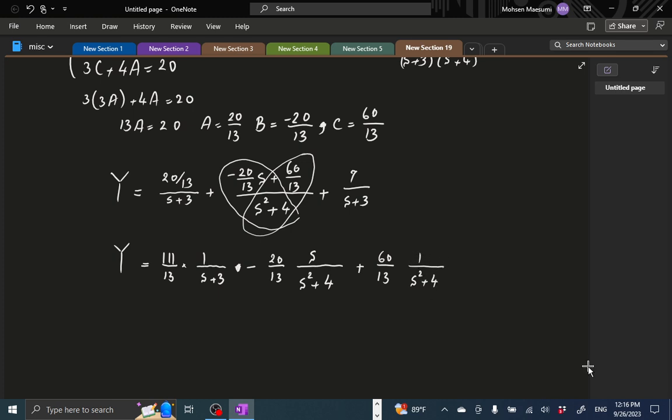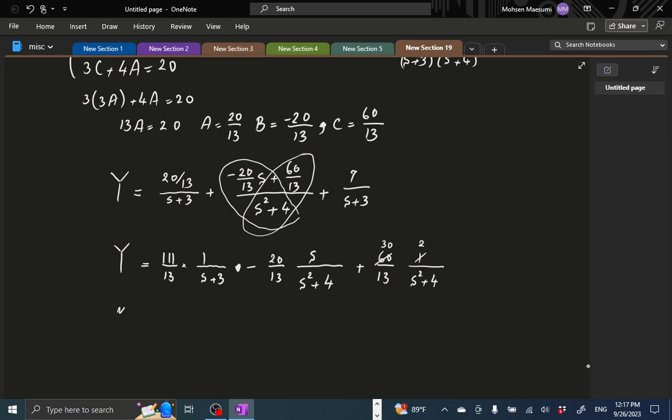But that doesn't show in the table as it is. I need to have a factor of 2 in the numerator. So how do I compensate for that? Instead of 60 times 1, I write 2 times 30. Is that right? It's the same thing. What's the advantage? It's 2 divided by s squared plus 4 in our table.